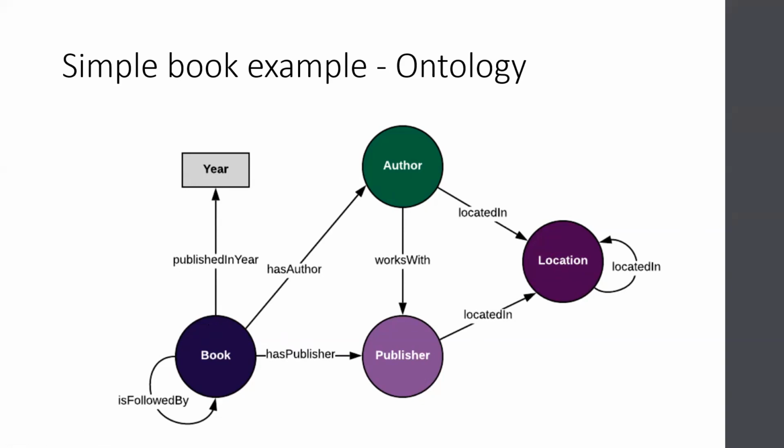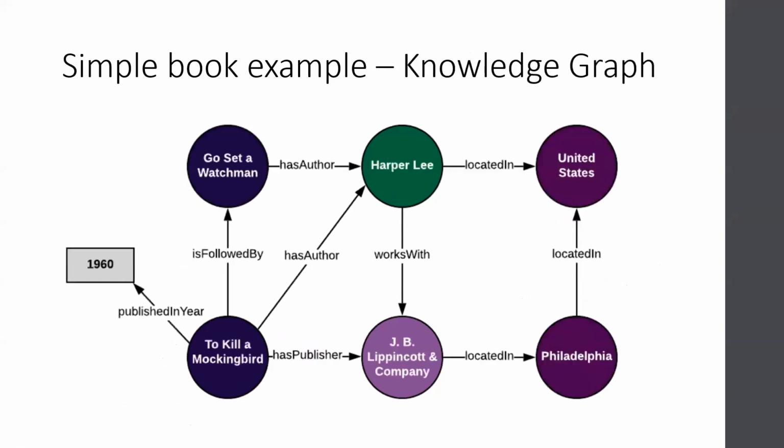But if we look at this with a knowledge graph and we apply a book to it, so To Kill a Mockingbird by Harper Lee, you see that this is very specific data. So we know who has published this book, where it's located, drilling down on the location, who the author was, and obviously because it's published by it, it's a link back to the publisher, and it's got a follow-up.